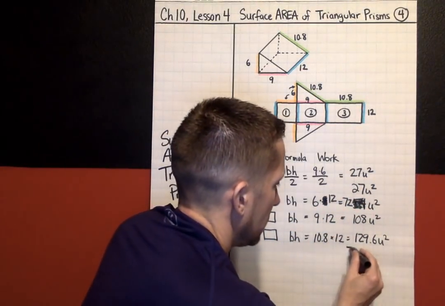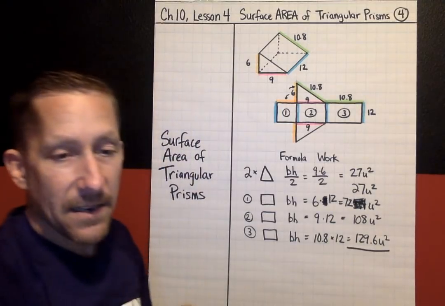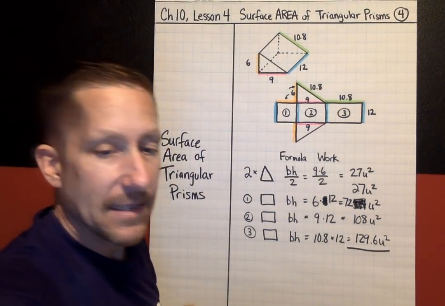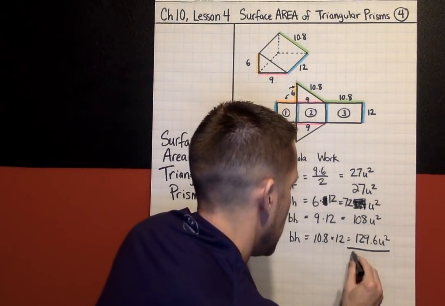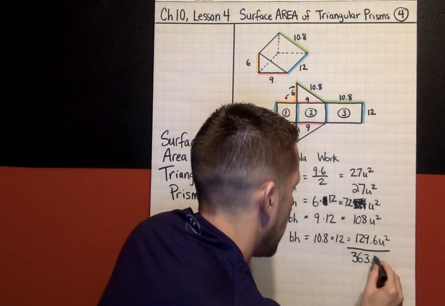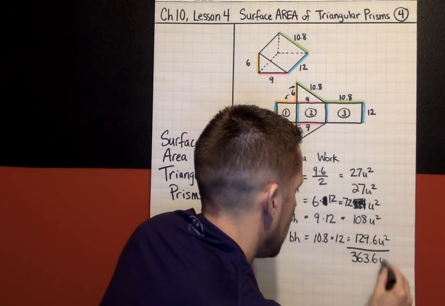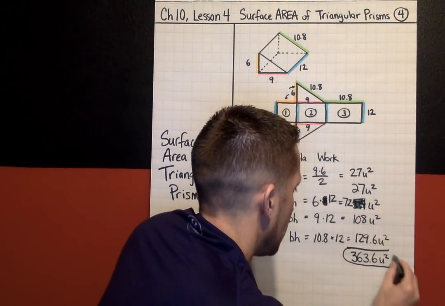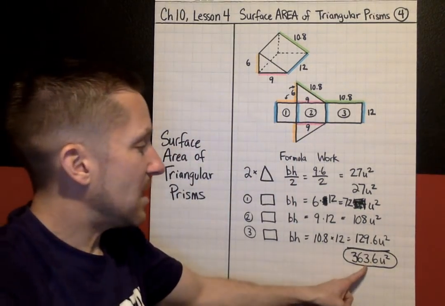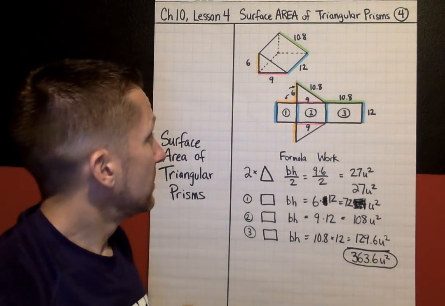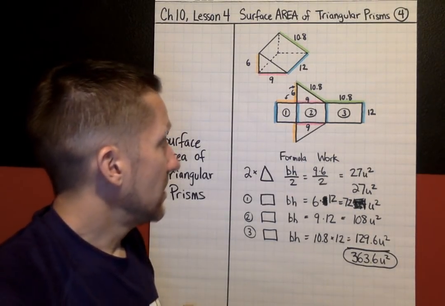I total all that up and I get 363.6 units squared. Remember, area is always square units. That's how many squares it would take to build that triangular prism.